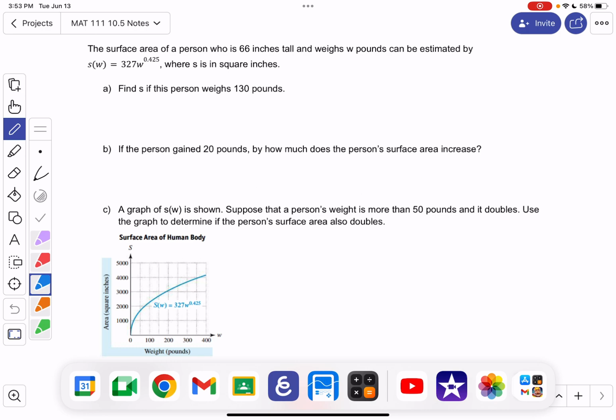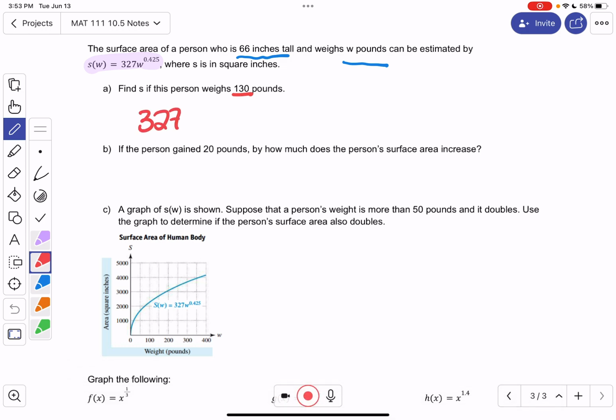All right, the surface area of a person who is 66 inches tall and weighs W pounds can be estimated with this equation, where S is square inches. So the first part A is find S if the person weighs 130 pounds. So we're just going to plug that in for the weight.